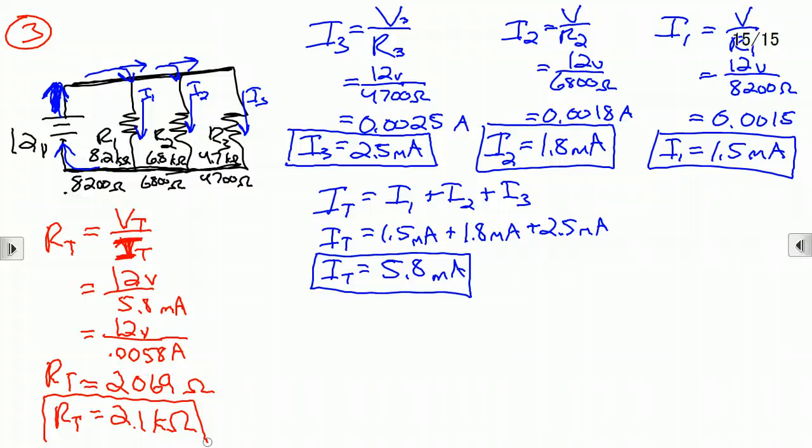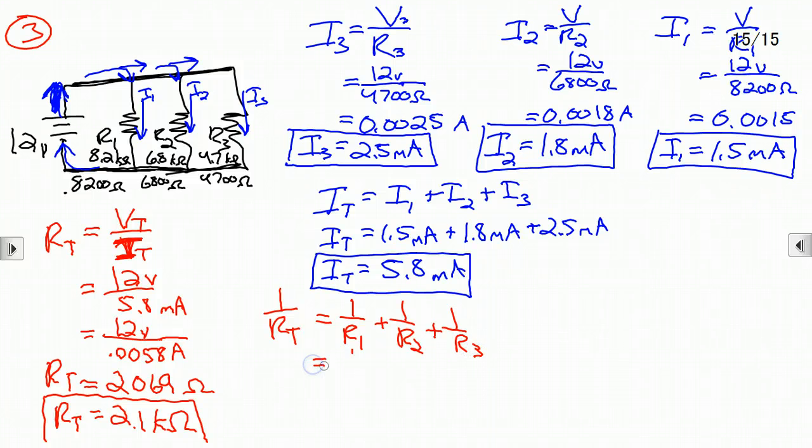Now there's another way you could have found the total resistance from the actual resistances themselves. If you didn't want to do the whole total current, total voltage thing, 1 over the total resistance equals 1 over R1 plus 1 over R2 plus 1 over R3. Right?